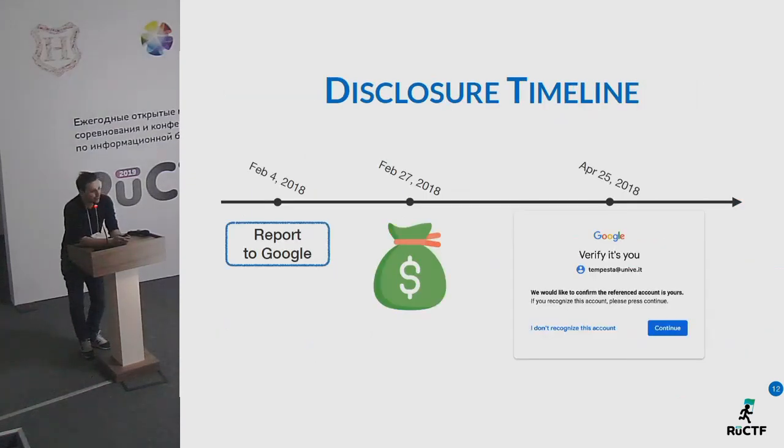We have disclosed this vulnerability to Google on the 4th of February 2018, and we have received a bug bounty, which allowed us to come to RuCTF last year. And on the 25th of April, Google published a blog post talking about a more secure sign-in flow for Google applications.